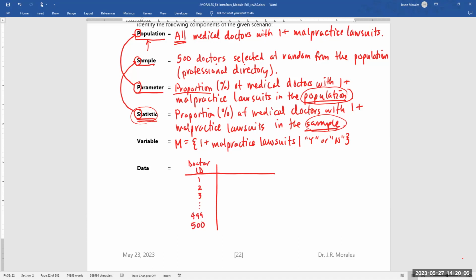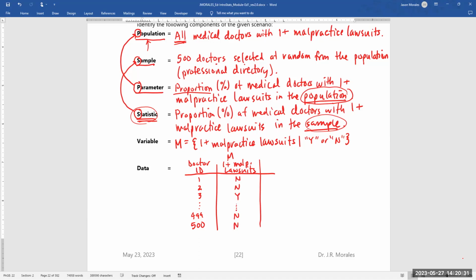And then the next column will be our data set of M, one or more malpractice lawsuits. And we'll have no, no, yes, maybe no and no.